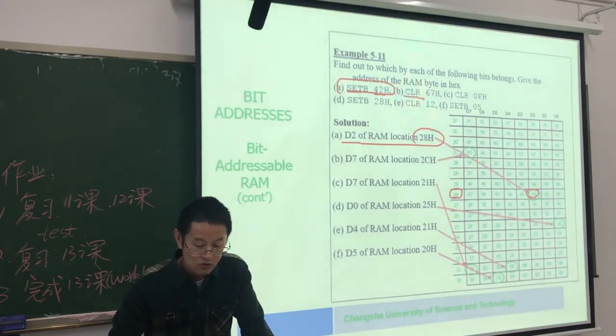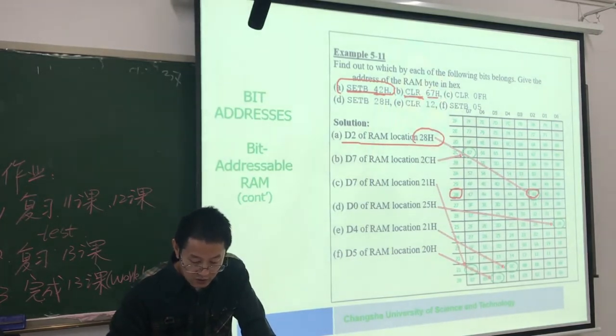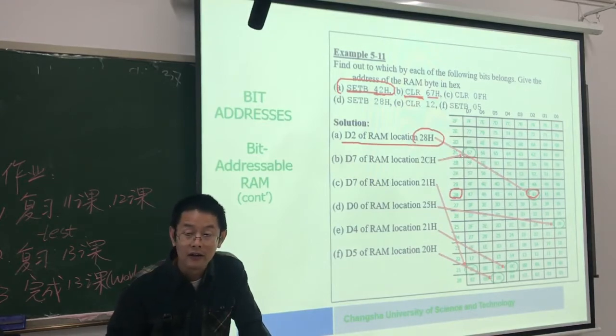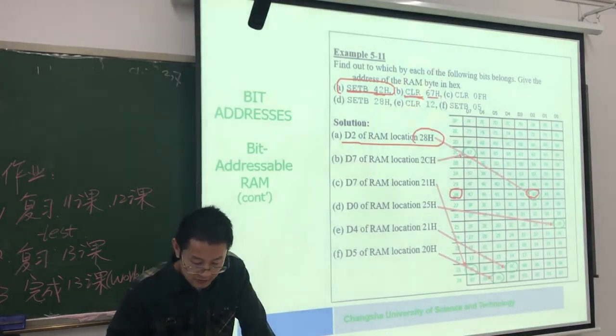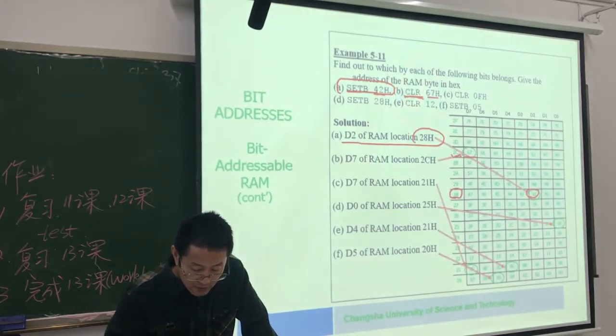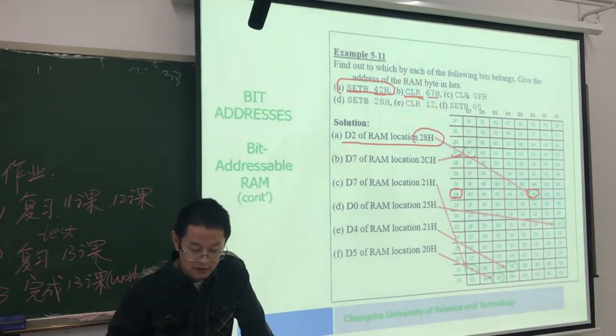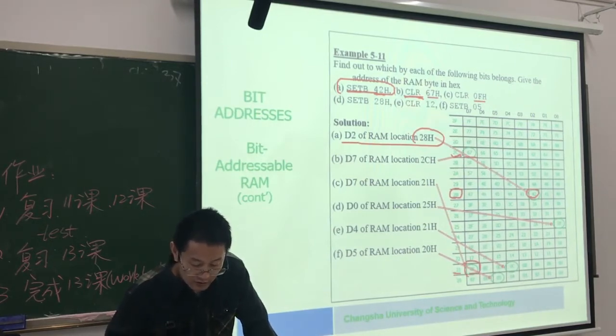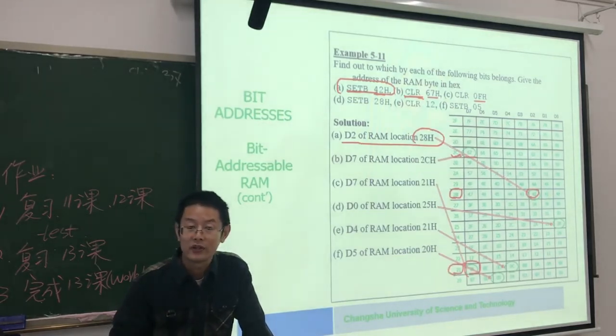CLR 67H. You can find 67 here, and it belongs to byte address 2CH. 0FH. 0F is here, and it belongs to byte 21H.